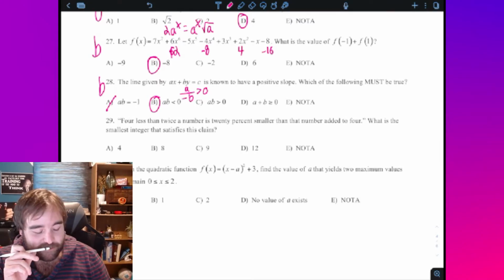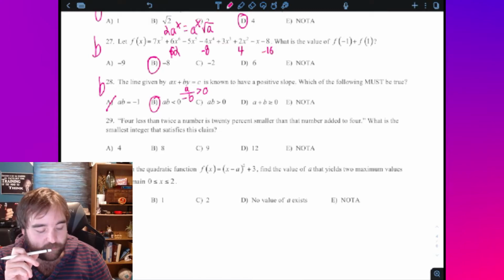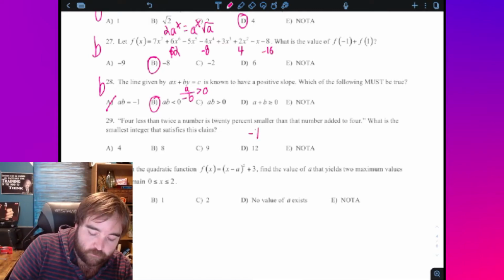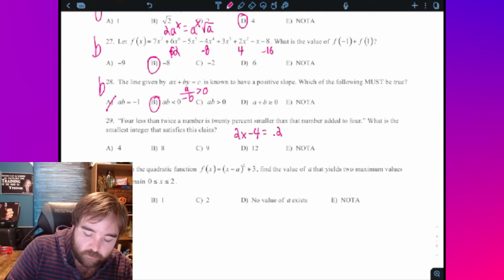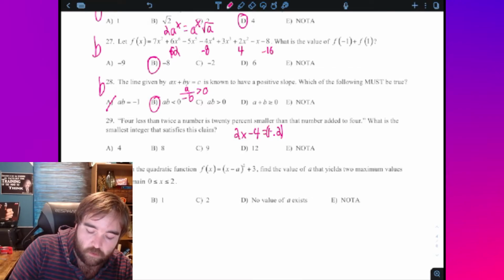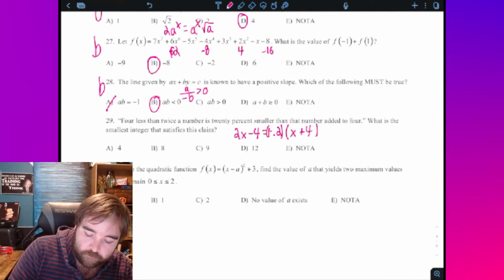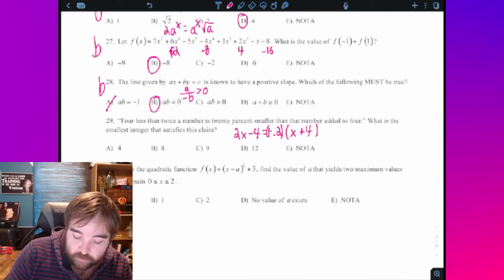What's the smallest integer that satisfies this claim? 4 less than twice a number is 20% smaller than that number added to 4. What's the smallest integer that satisfies this claim?